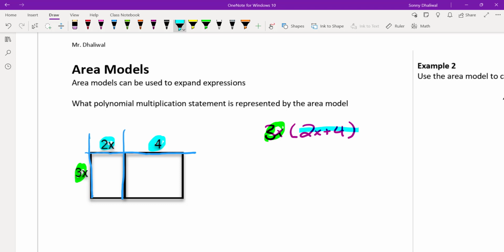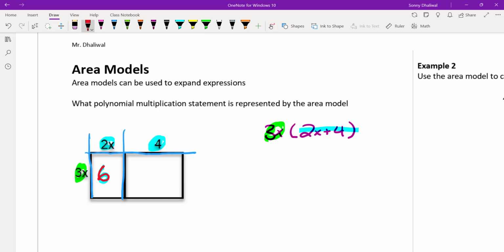Okay. Now you think of this as a multiplication table. This model takes up more space, but it's really helpful on more complicated questions. So we do this just like a multiplication table. This times this, we write our answer in here. So 3x times 2x, what is our answer? Coefficient with coefficient, variable with variable. So the 3 and the 2 gives us a 6, because we're multiplying those. 6.